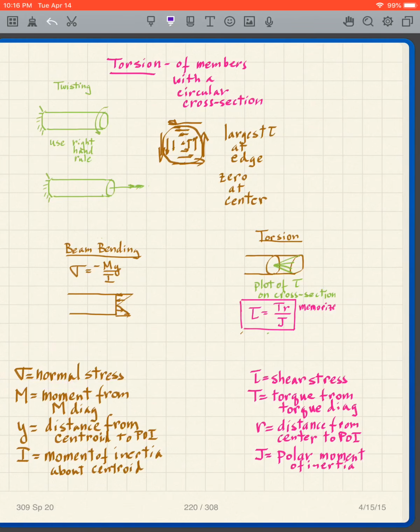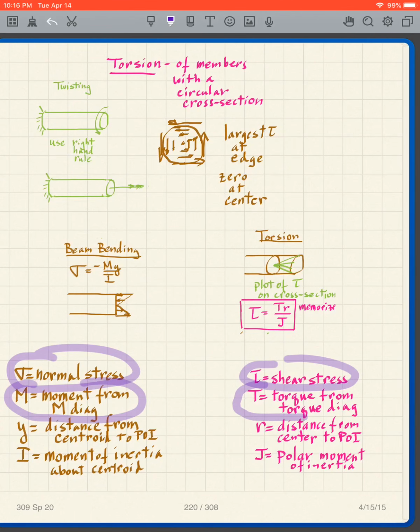That's that equation, and to show you how similar this is, here we have normal stress, here we have shear stress. M is the moment from the moment diagram. T, capital T, is the torque from the torque diagram, and I'll show you how to draw that. Y is the distance from the centroid to the point of interest.